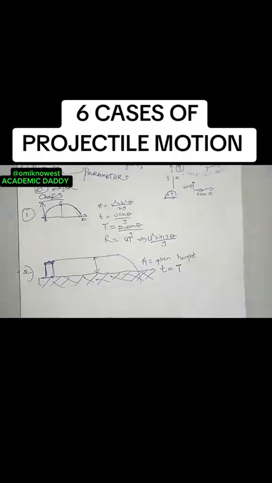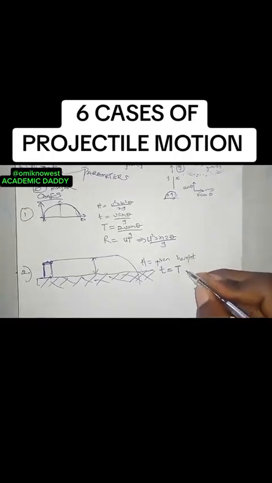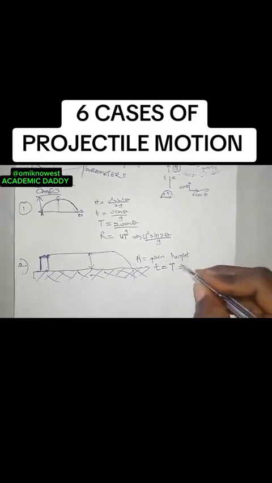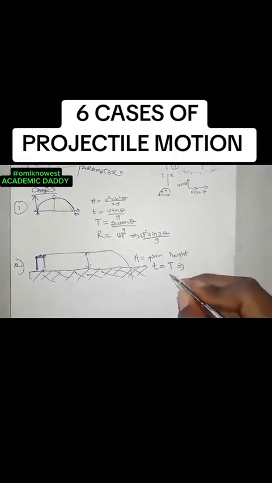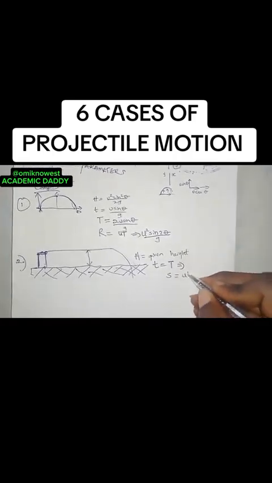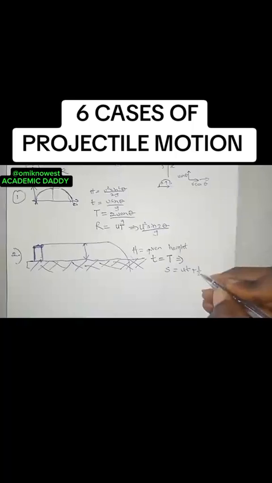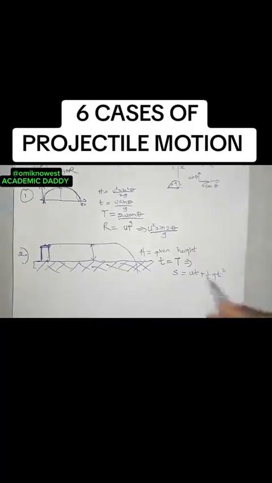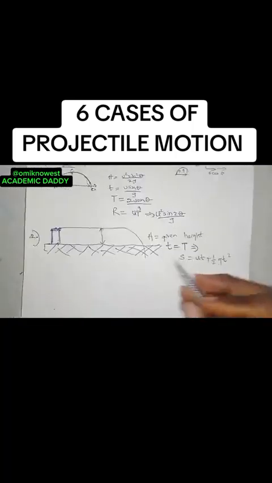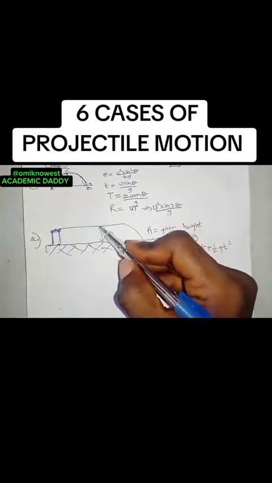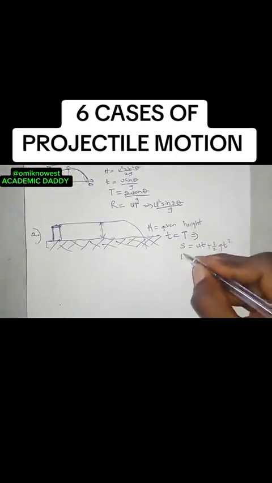And this is given by t, which we get by using s equals ut plus half gt squared. This is an equation of motion for displacement. Since there is a height here, we'll call this height h.